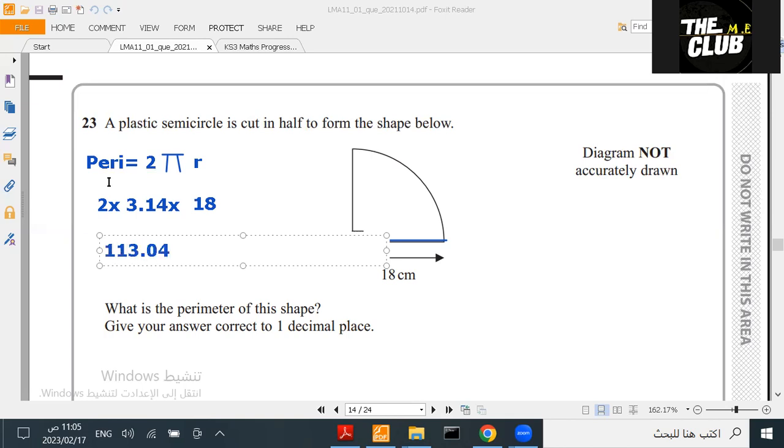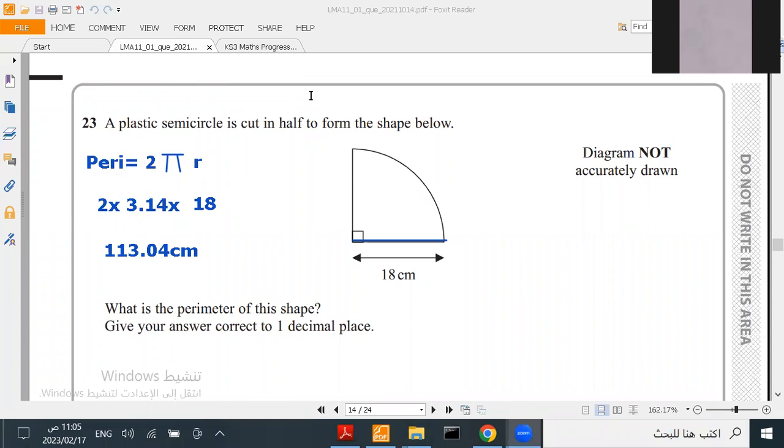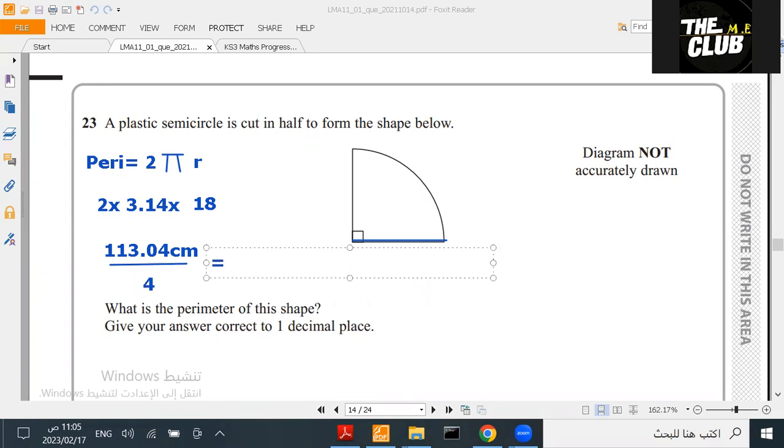This is the circumference of the whole circle, but we need a quarter of a circle. What do we do to this circumference? Divide by 4. That gives us the quarter of a circle: 28.26. Why divide by 4? Because this is a quarter circle, and the circle has 4 parts like this.